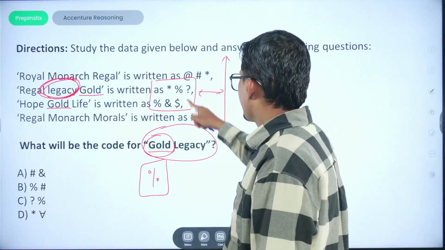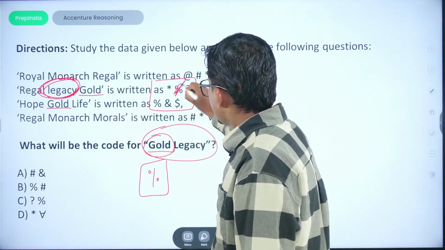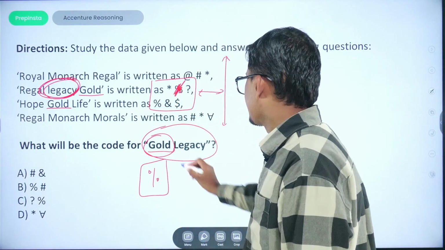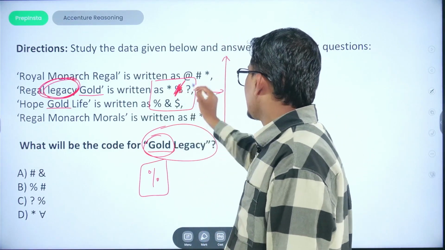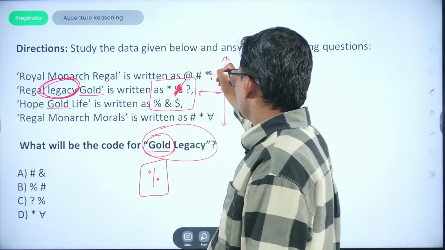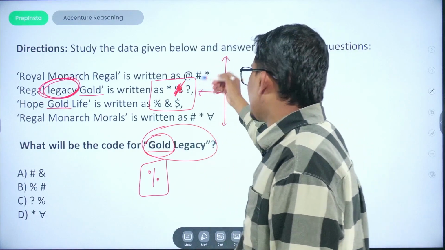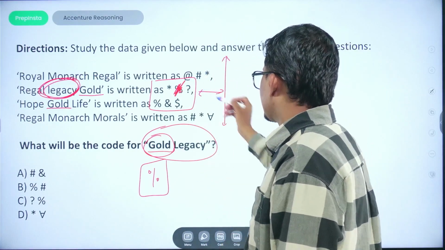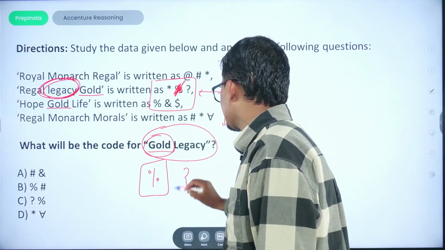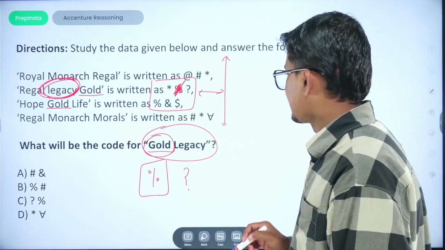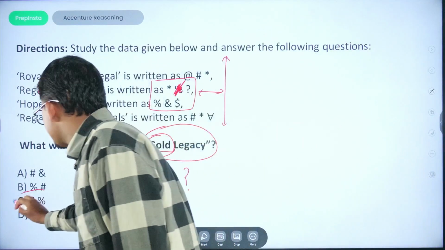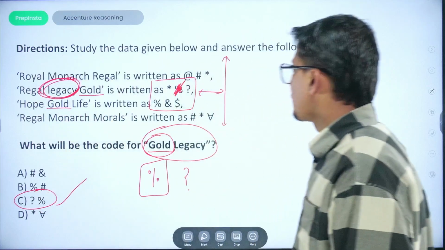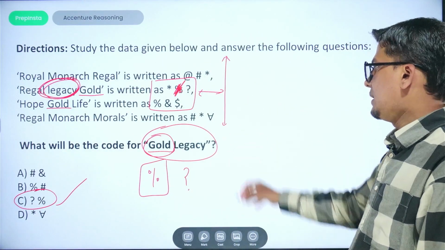So if we look carefully, this cannot be answered with percentage because percentage represents gold. We have a star and a question mark. The star is being used in the first sentence, so it cannot be the code for legacy. The only one left would be the question mark. So option number C would be the right coded format for gold legacy.